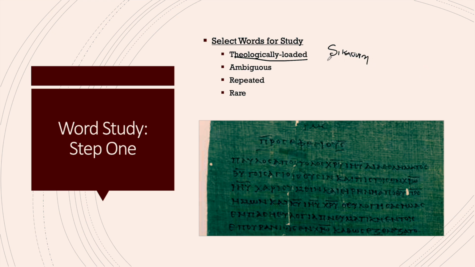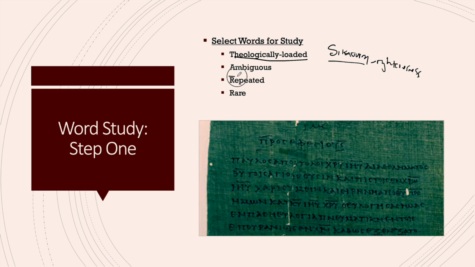The dikaiosune is a word for righteousness. And that's so very important within Paul's writing, also within Matthew's Gospel, and several places in the New Testament. It's important that you understand what this word is getting at. We often have in our mind what it means, but let's try to understand what the possibilities of meaning are and in the context that the author is writing.